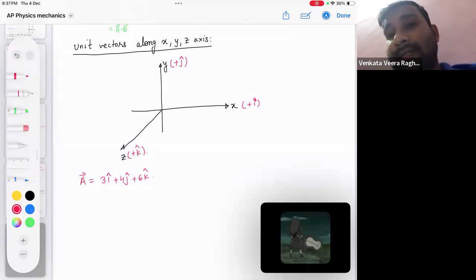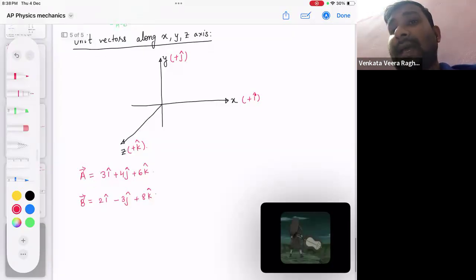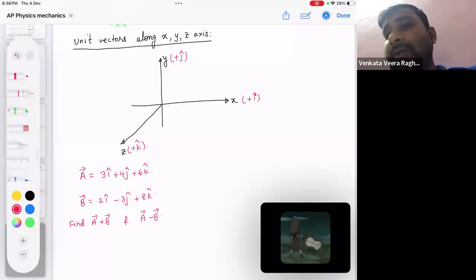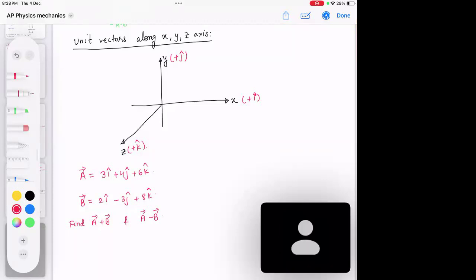Next, let's say there is another vector given to us, 2 i cap minus 3 j cap plus 8 k cap. Please tell me, find A plus B vector and also find A minus B vector. Do you understand? So how do we add them?